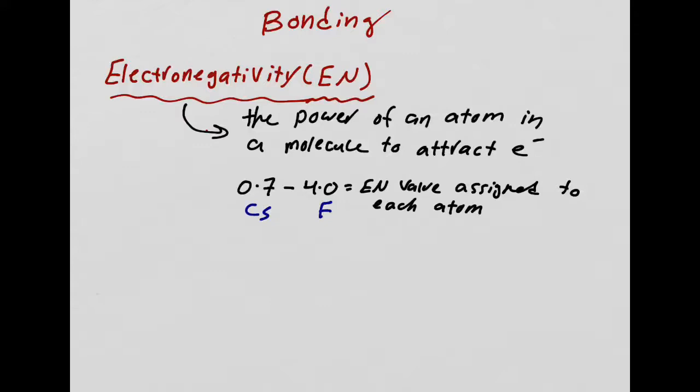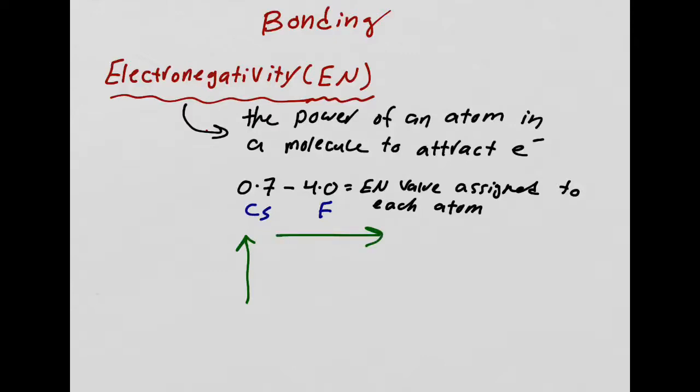Now, what is the trend on this? I'm not going to give you the EN values on the exam. You're not always going to have access to the EN values, but if you know the trend, you can easily figure it out.